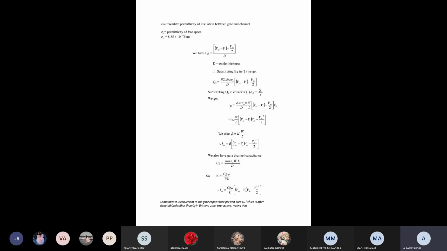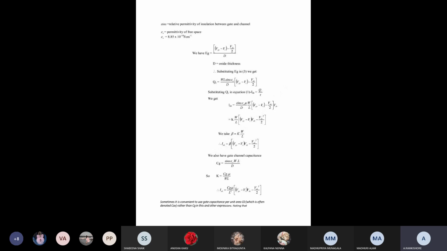Then the resultant equation becomes IDS is equal to epsilon naught epsilon ins and W mu into VDS by LD, and the (VGS minus VT minus VDS by 2).